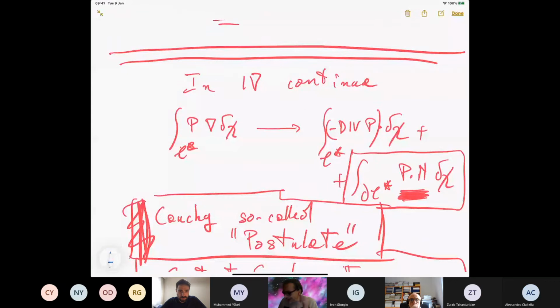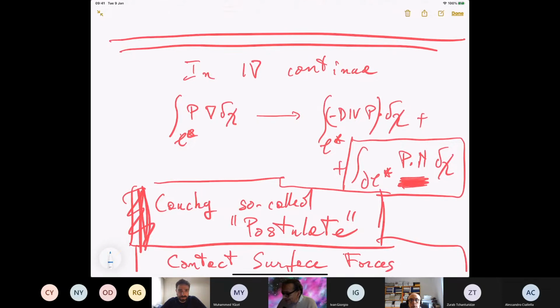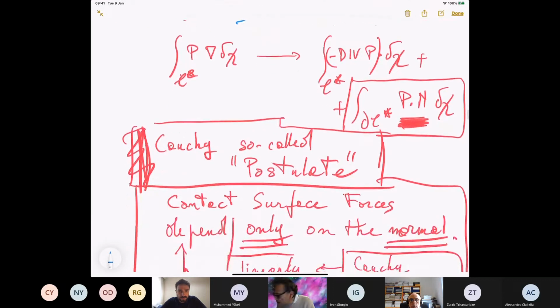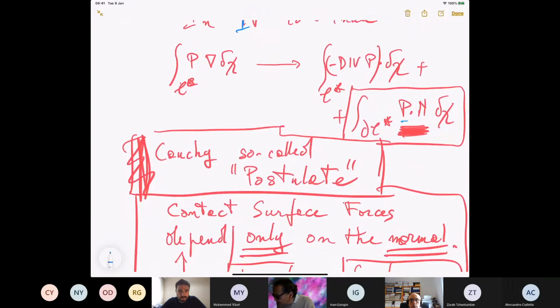So here I remind you, we must write this carefully. We will discuss with Alessandro how to do it. In standard first gradient continua, which you should all have studied more or less, the surface force is a tensor applied to the normal, dot the virtual displacement.